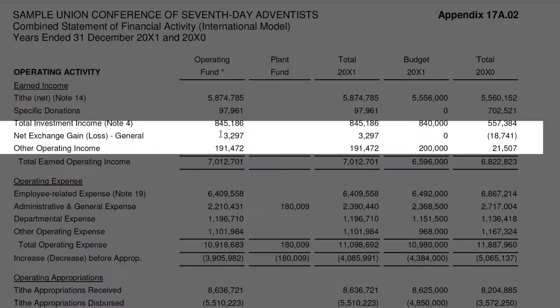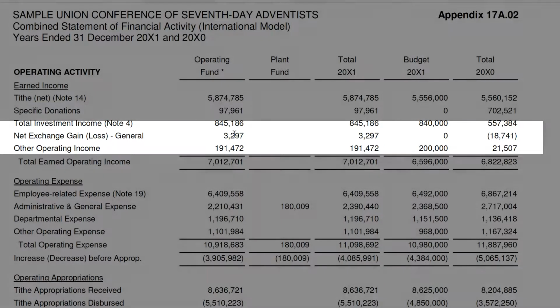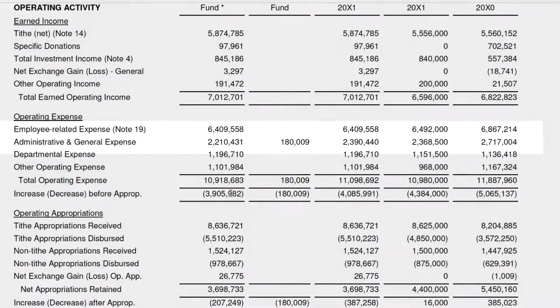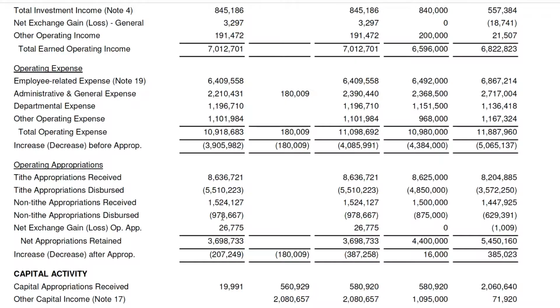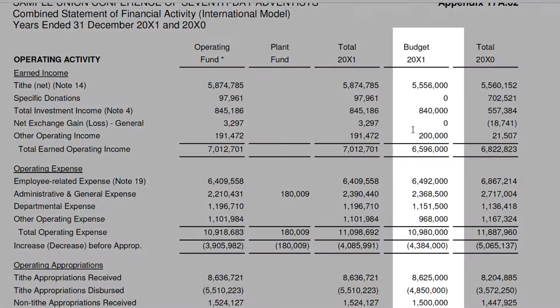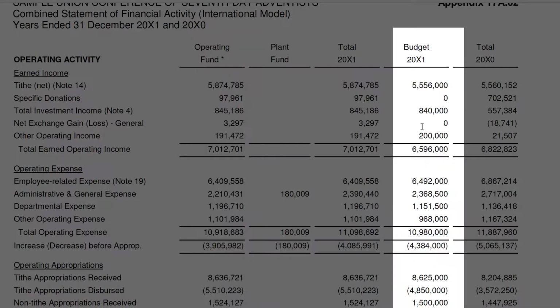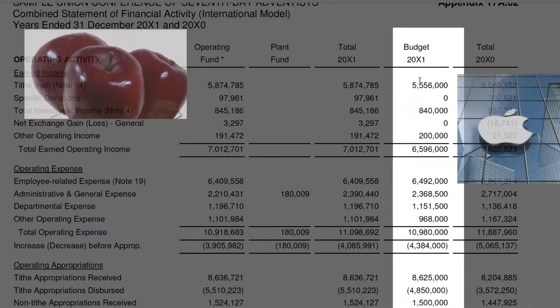Sometimes someone might say, "Oh, shouldn't it belong down here?" Well, no, we're going to keep the gains and losses on one row. So we have our operating activity coming down. We have our appropriations in and out happening here. We have our budget comparison. We want to make sure that we have an apples to apples budget comparison.